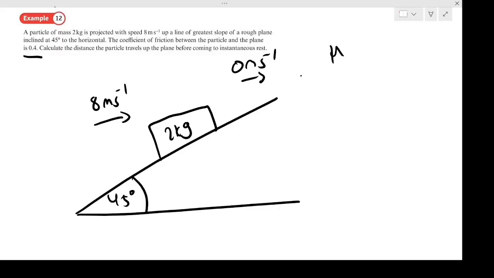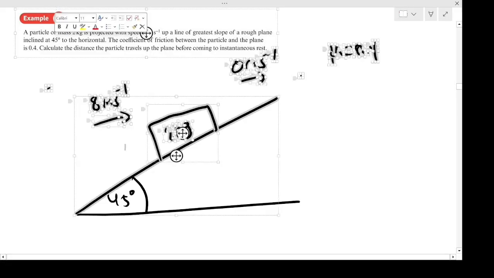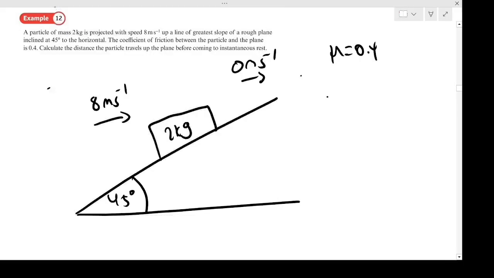So, spoiler alert, there's now friction involved. And I know for definite there's friction because it's a rough plane, which means it has friction. If it's going to go up the plane, there's a friction force going to oppose it like this. Now, there's not a force pulling it forward.